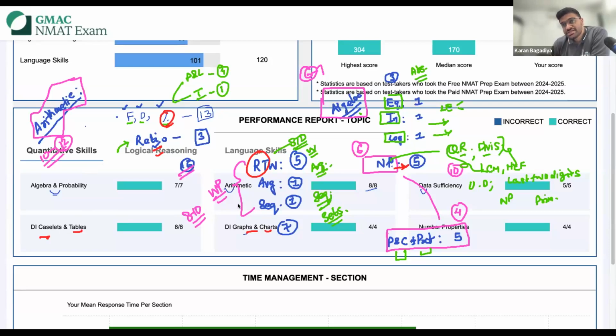But what I would still suggest is approach them in a structured manner. That is, see the question, feel what data you need, and then go about calculating it nicely. And don't go haywire or panic, start randomly approximating and trying to somehow get the question right. Don't lose your bearings. If you decide to skip it, then fine, so be it.